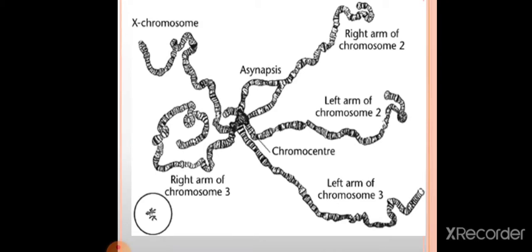Each of the 5 main limbs, the X chromosome, 2L, 2R, 3L and 3R, contains 20 divisions. The short chromosome 4 contains only 2 divisions.